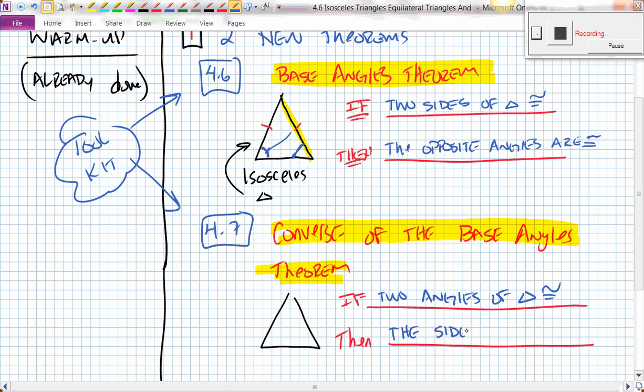The sides opposite the angles are congruent. So if I were to give you a picture and I said that those two angles had to be congruent, what is that guaranteeing you? What does that automatically tell you? It tells you what? That side and that side are what? Congruent. Good job. There you go.